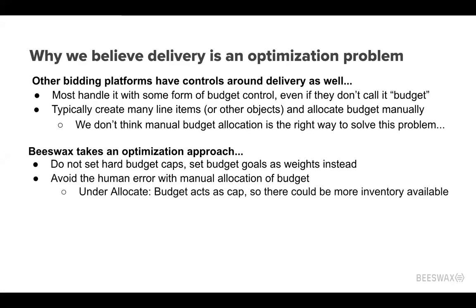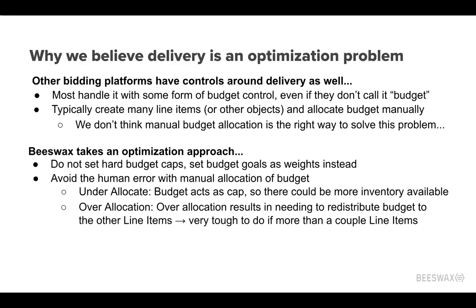Some very common things that can happen if you manually allocate: you can under allocate, and since budget acts as a cap, there could be more inventory available than you thought, so you misallocate and miss out on that opportunity. Or you can over allocate. What happens with over allocation, as folks know, is you then need to redistribute the budget you have allocated to objects like line items, which gets very tough to do if there are more than a couple of line items.